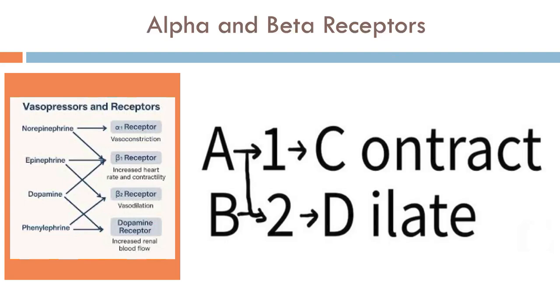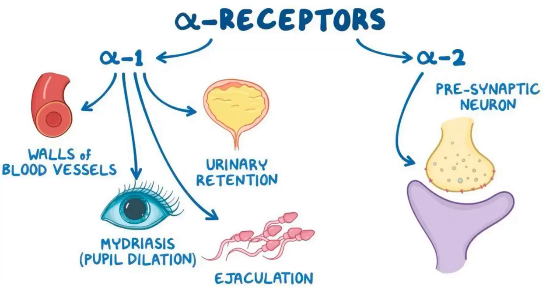So our alphas. Alpha 1, blood vessels, the walls, that's the majority of those, in the peripheral. Mydriasis is actually dilating the pupil. That sounds counterintuitive, but it's actually causing the muscles to constrict, and when the muscles constrict, that causes the pupil to open.